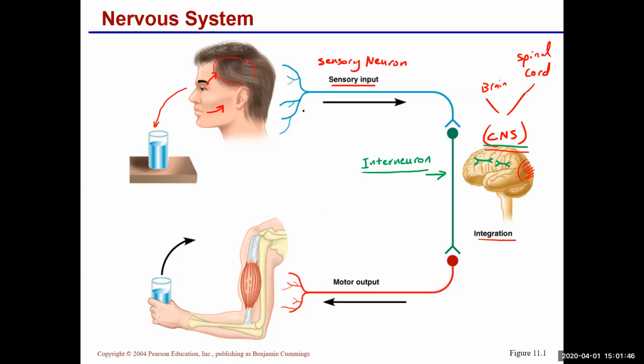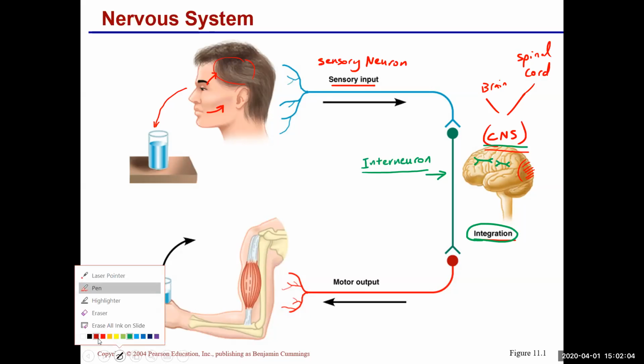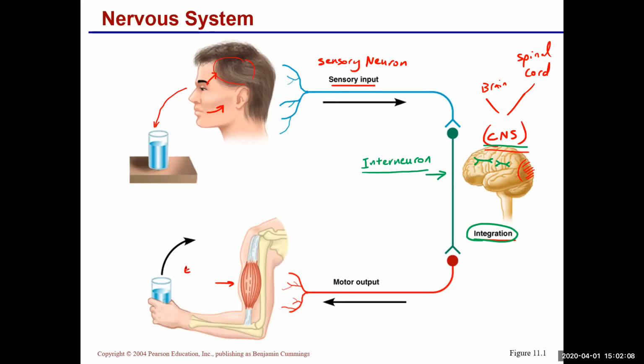In other words, while you process, okay, the glass is full of water, you're thirsty, that's your integration system. Now what? Now we need to do something about it. So your effector organs are activating. In this case, your muscles and glands would be the effector organs.